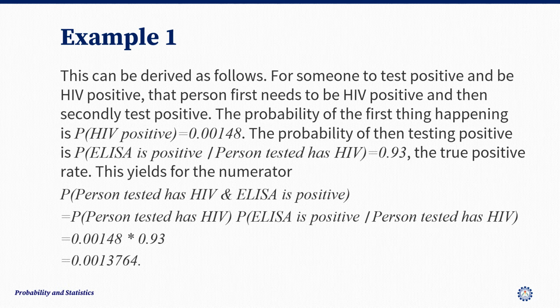We already know that the probability that the person tested has HIV is 0.00148, and the probability that ELISA is positive given that the person tested has HIV is 0.93. So if we multiply 0.00148 by 0.93, we get 0.0013764. Okay, so later on we will use this number.